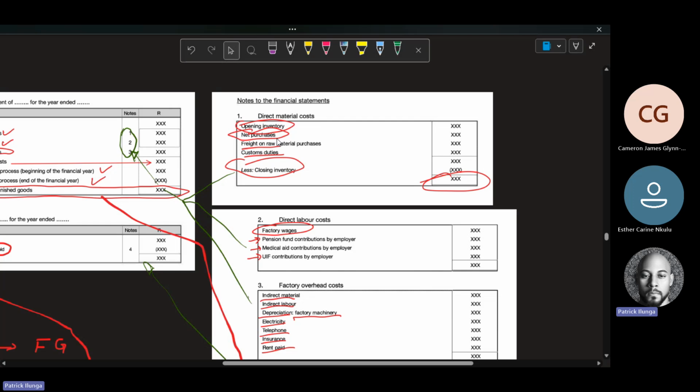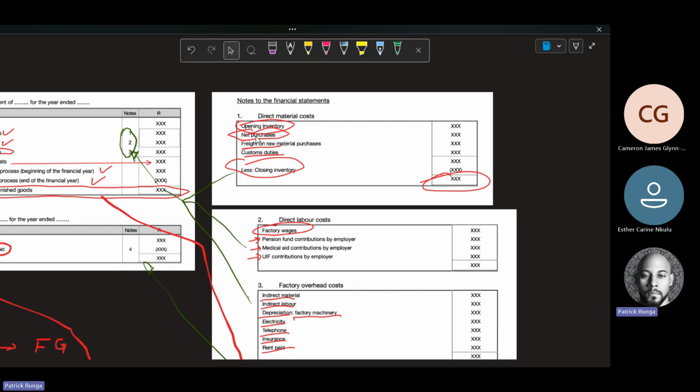You are dealing with opening, closing, opening, closing, right? So for material, you would just have an opening inventory. Opening inventory means that what was left from the last period, the closing inventory of last period, will be the opening inventory of this period. Then you deal with everything: net purchases, freight, customs duties, everything you must take into account.